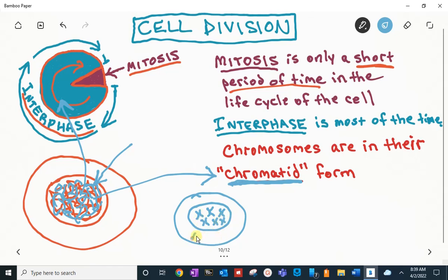That's just during mitosis, and that's when we call them chromosomes. Otherwise, when they're just in interphase and it's this unwound big ball of mess, that is the chromatid form of the chromosomes.